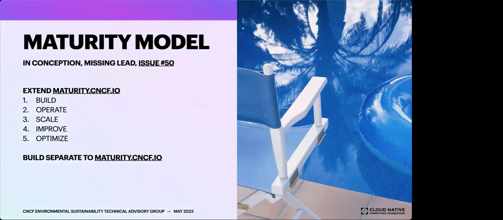I think there's a need to extend this model, as it does not mention environmental sustainability. So it's on us to collaborate with the team to extend this model, and maybe also build a separate model, depending on whether the structure of the maturity model is good for us, or whether there's a need for a separate additional resource maturity model.